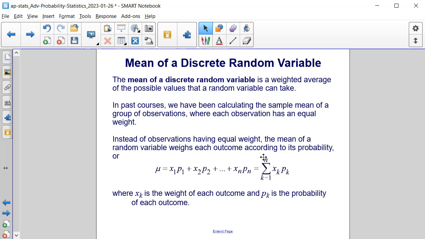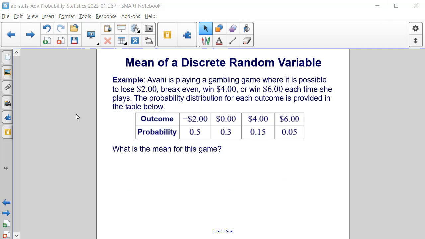In sigma notation, it's written as sigma, where k is equal from 1 to n, of x sub k times p sub k, where x sub k is the weight of each outcome and p sub k is the probability of each outcome. Let's try an example.